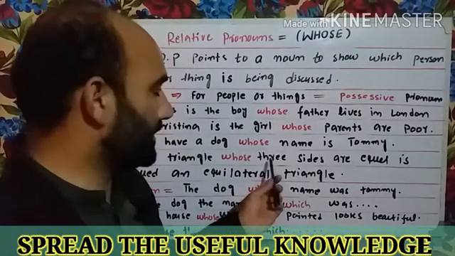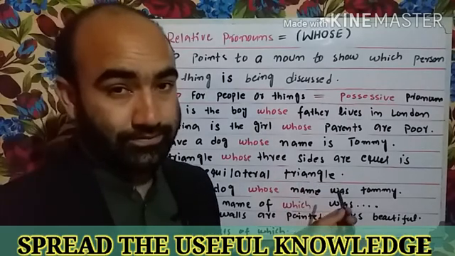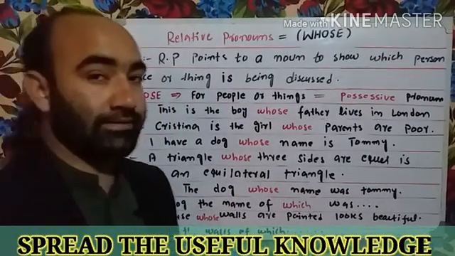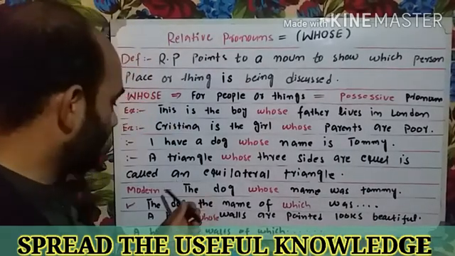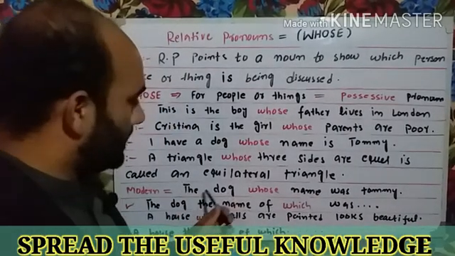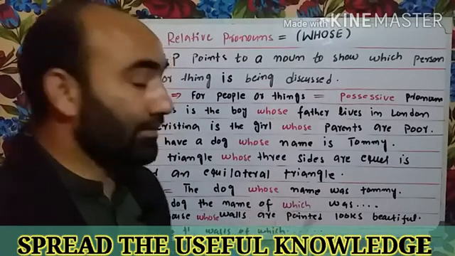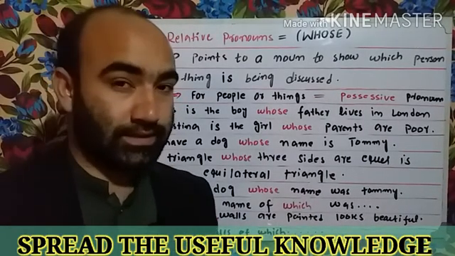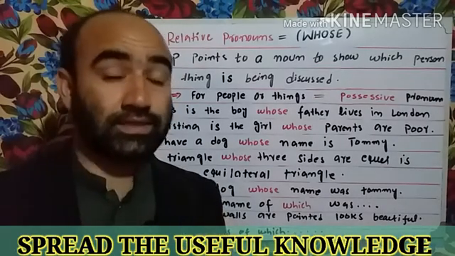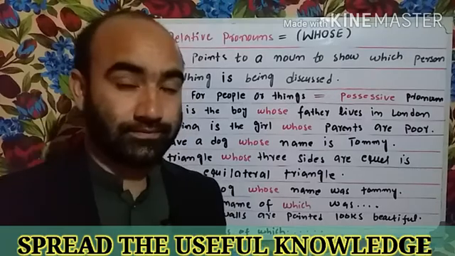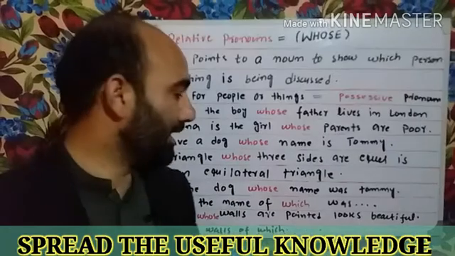Now, it shows the relationship, the ownership. But in modern English, the dog whose name was Tommy is also correct. This sentence is absolutely correct, but this is informal. Keep it in your mind.